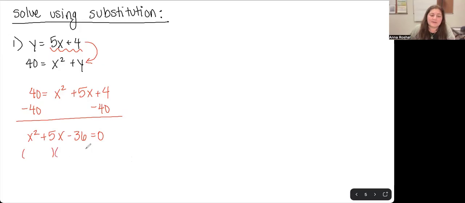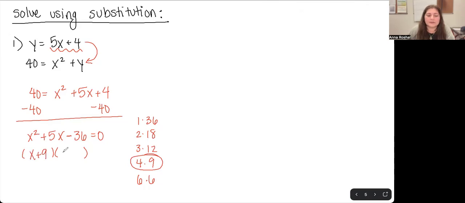This I can easily factor because I know my factors of 36 are 1 and 36, 2 and 18, 3 and 12, and 4 and 9. Actually, I don't even need to go any further because I know a negative 36 means I'm going to have to subtract, and this is going to give me a 5. If I did go further, it would just be 6 and 6, and that wouldn't give me anything anyway, so I'd still be stuck with 4 and 9.